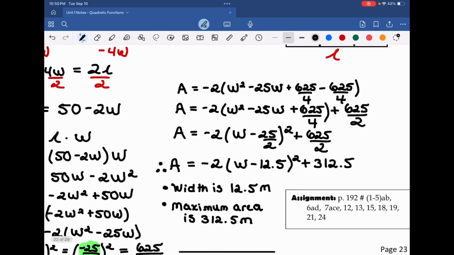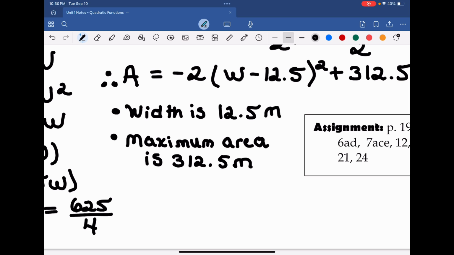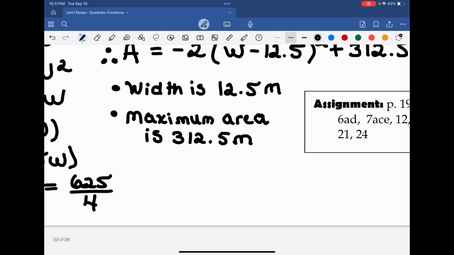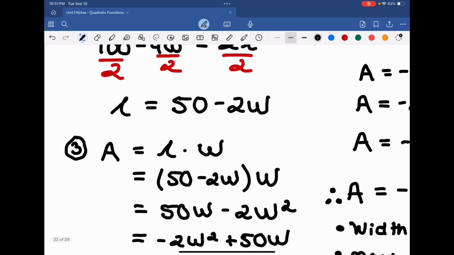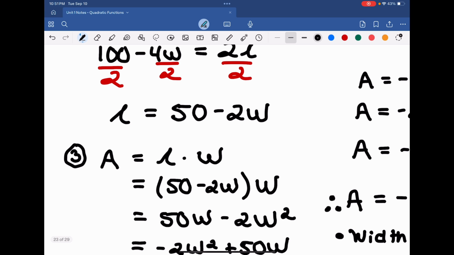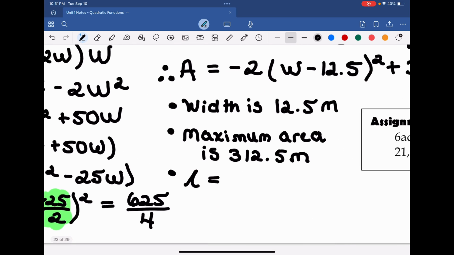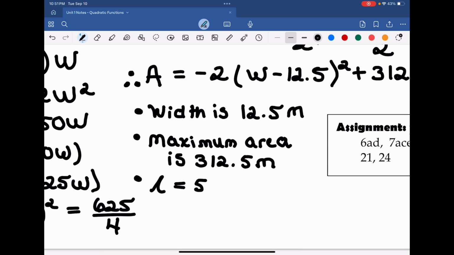And just to make sure that we're not missing that they asked for the length, I think they said find the dimensions. So we want both dimensions, the width and the length. I'm going to put a dot and say we know that the length was defined by the perimeter equation, length equals 50 minus 2w. So I'm going to go 50 minus 2 times the 12.5 and then close it.